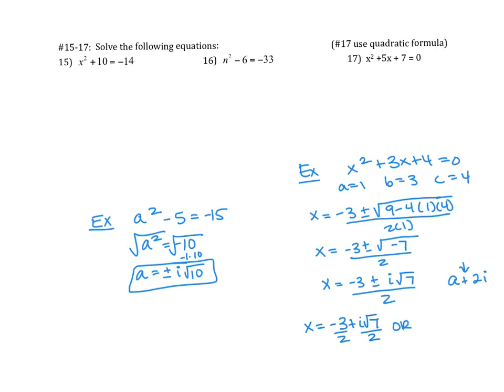Or, it's a plus or minus, so now let's do the minus. x is equal to negative 3 minus i square root of 7, negative 3 over 2, and i square root of 7 over 2. So I just separated it out. I wrote the real part in front and the imaginary part behind. And this would be your answer.